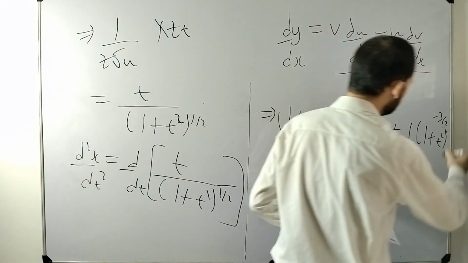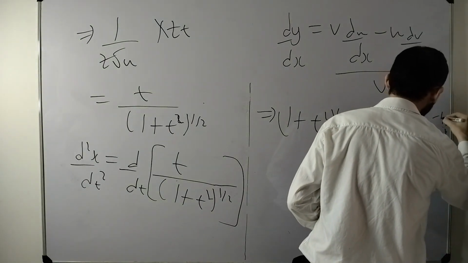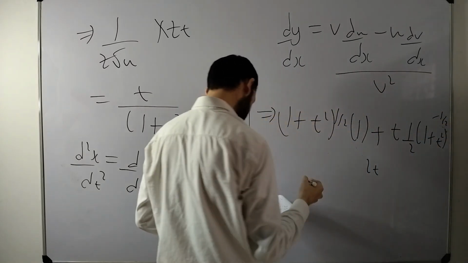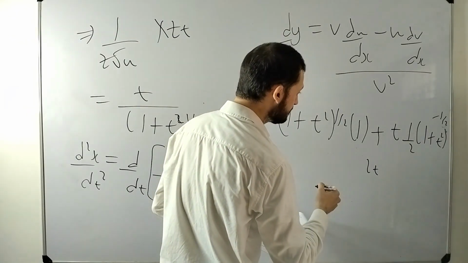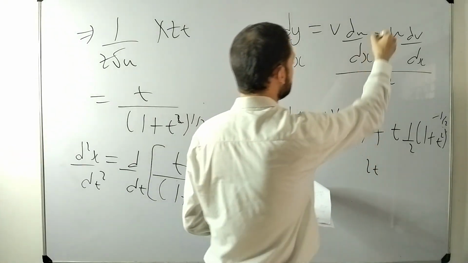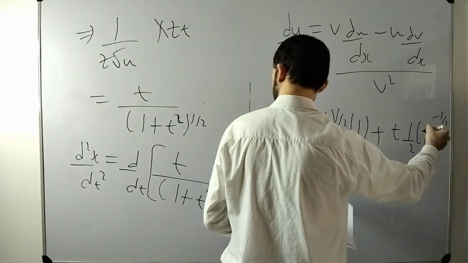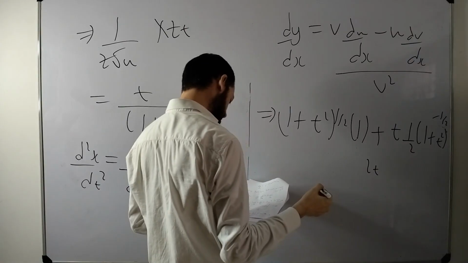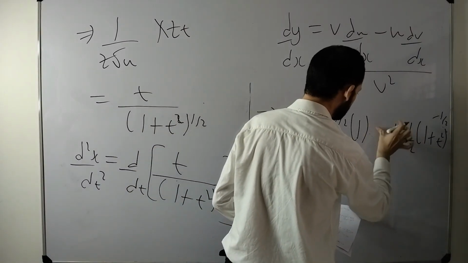Minus 3 by 2. Minus 1 by 2. Yes, what you are saying is perfect. Minus 1 by 2, because 1 is being subtracted from half. So this becomes what, student? No, this would remain plus.